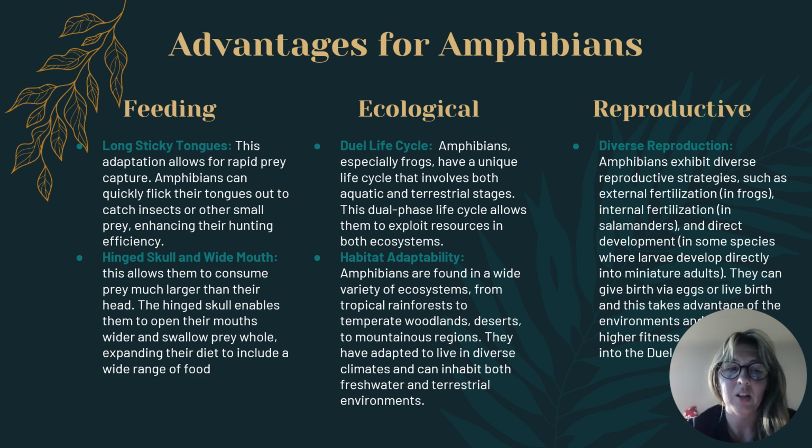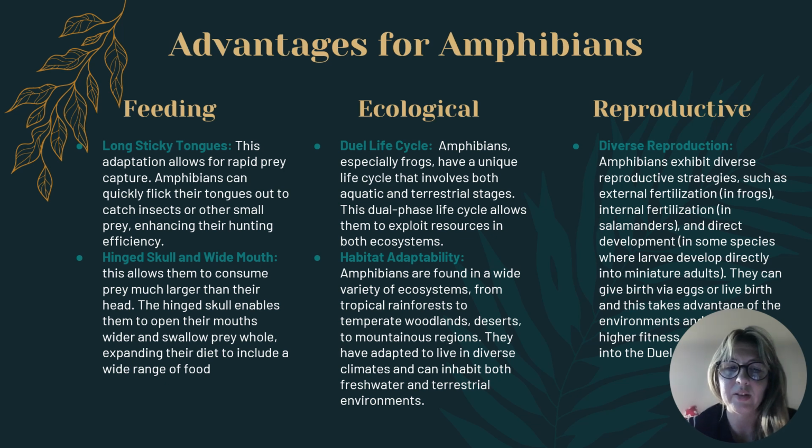This really allows them to consume prey much larger than their head, which allows them to have a wider diet and a wider range of food, which allows them to have that higher evolutionary fitness. You've then got your ecological advantages, such as that dual life cycle, which is what was mentioned specifically for frogs, where they'll have that larvae stage and then go through metamorphosis and evolve into aquatic and terrestrial stages.